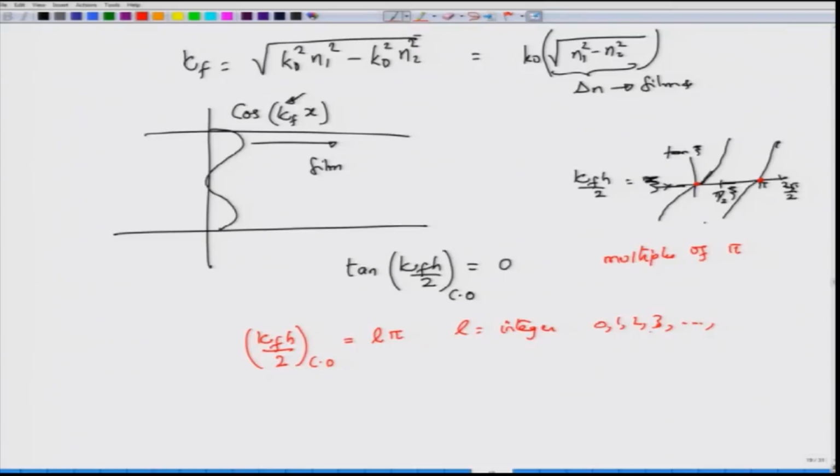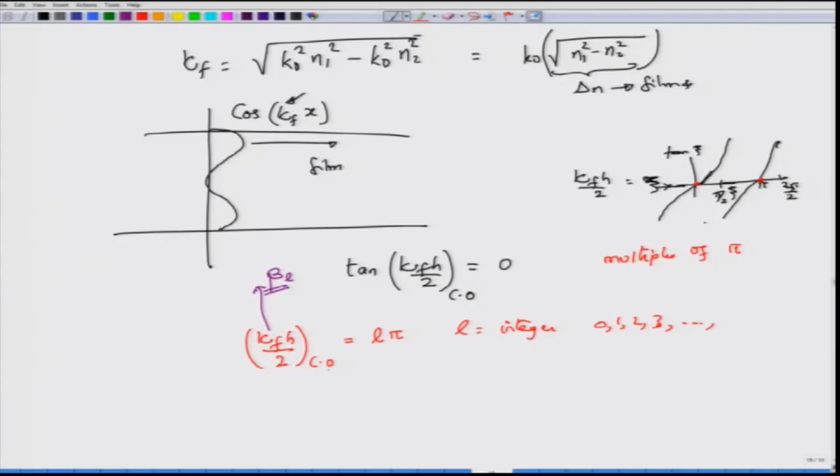So, all I have found is that if I start giving different values of L, then I will obtain different values of kappa f. But getting kappa f is not really my goal. From kappa f I need to extract the value of beta, because beta corresponding to that particular L will be the propagation constant, which is the important parameter for us, because that will tell us how the wave is propagating along the film.